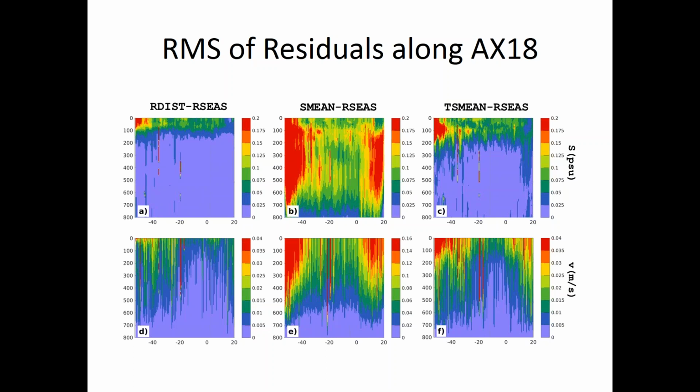And the S mean error is much bigger and goes all the way to 800 meters. This is because this is a region where we have a strong TS relationship, and the S mean doesn't get this relationship with the TS.